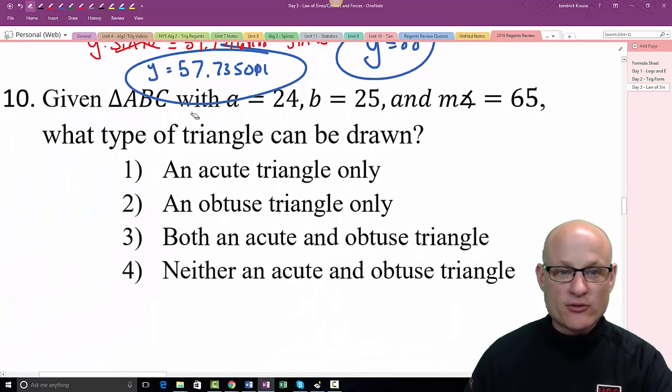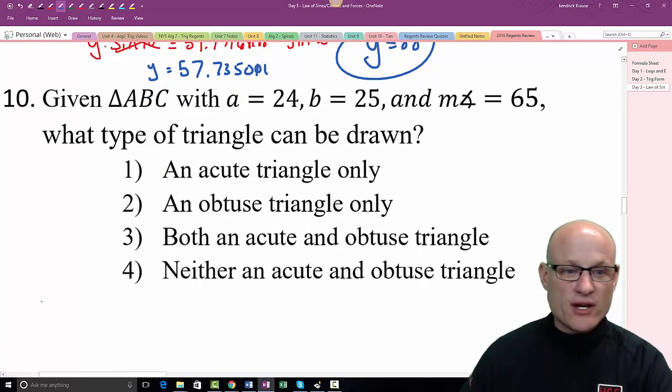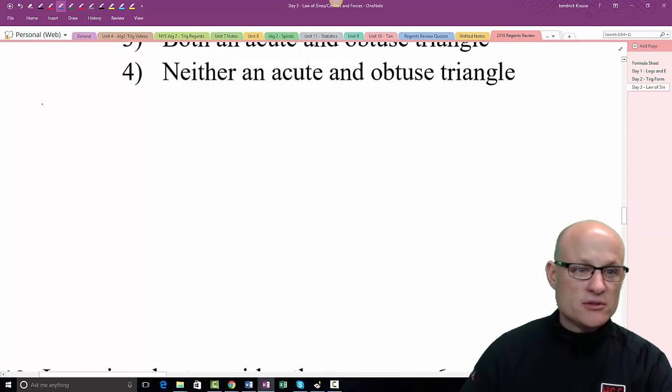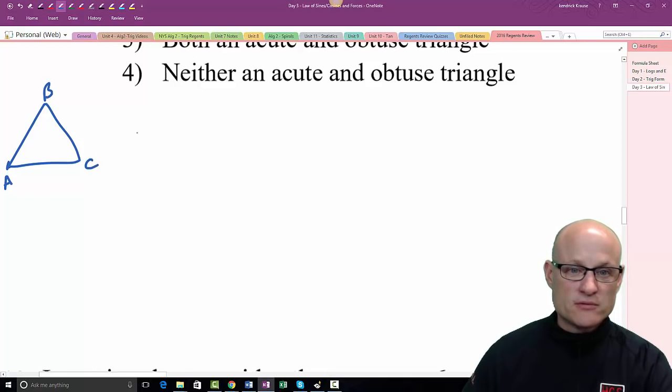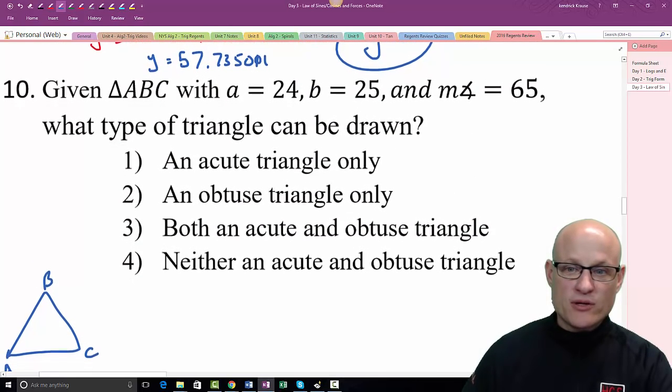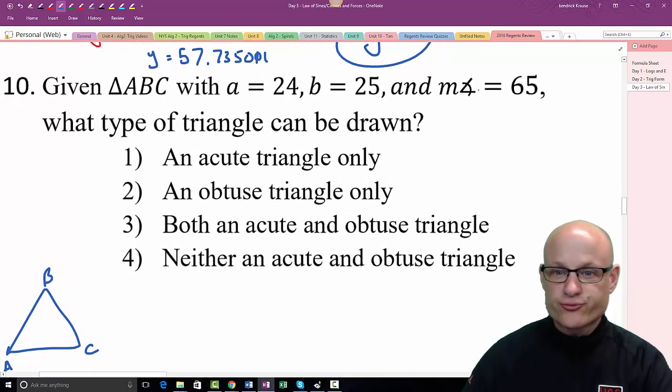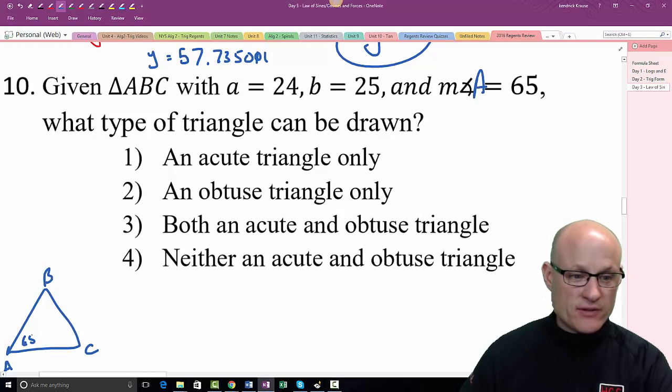Oh, this is another how many triangles question. So we've got triangle ABC. Let me draw this up. Triangle A, B, C. Let's see what I was given. A is 24. Oh, I didn't tell you the angle. We'll go with A. So A is 65. Little a is 24.